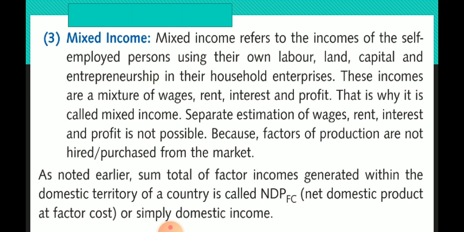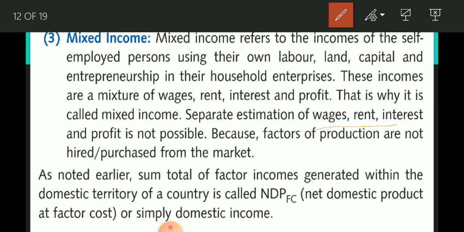That's why he is able to get wages, rent, interest and profit, and his income is mixed income. That is why it is called a mixed income. So in very simple language, if a person is self-employed and using his own resources, his income is considered a mixed income, because his income is the mixture of wages, rent, interest and profit.